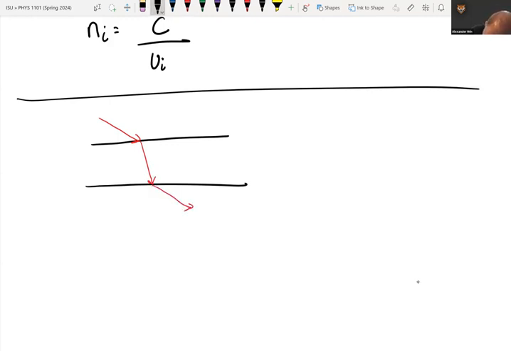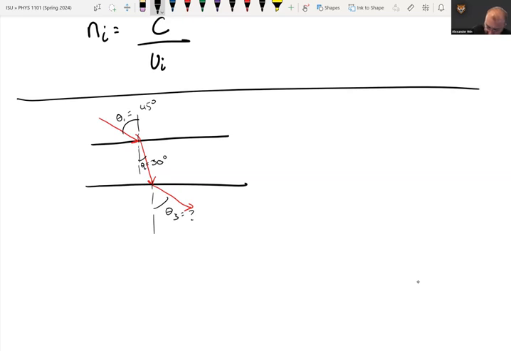And if we were to measure these things, and that's actually going to be part of lab, let's say that this theta, just call that theta 1, is equal to 45 degrees. We'll call this theta 2. That definitely does not look like 30, but we'll just call it 30 degrees. And notice I am measuring them relative to the perpendicular. Okay. Now the question here is, well, what is theta 3?